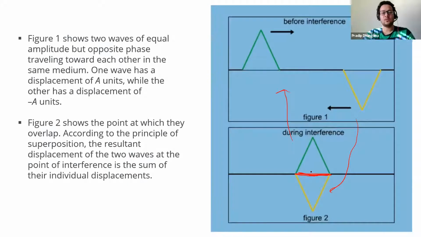This kind of interference is called destructive interference. Think of it like this: the displacement of this wave will cancel the displacement of this wave. So we'll get a wave like that, and that would be our resultant displacement.